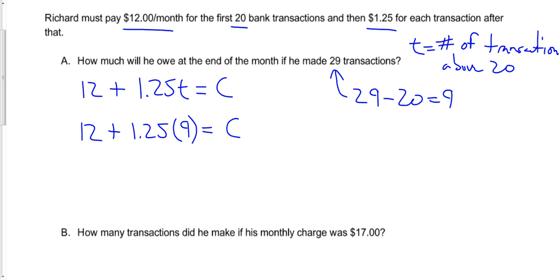So we're going to do 12 plus 1.25 times 9. 1.25 times 9 is going to equal 11.25. And so the total cost of his monthly bank usage here is $23.25.